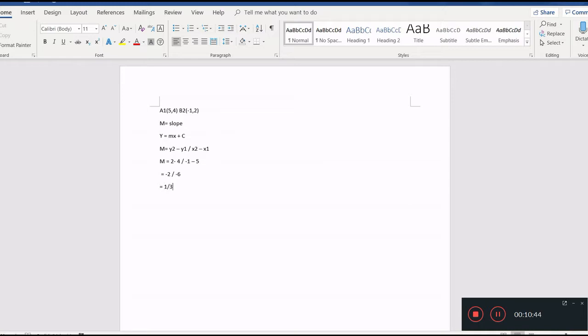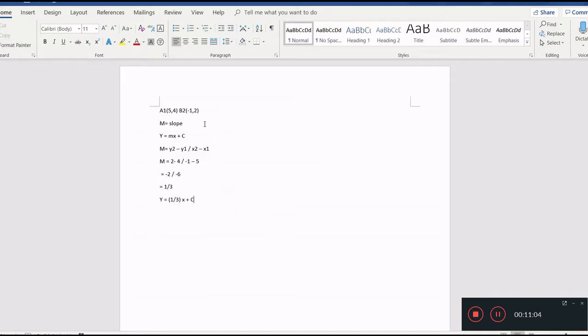Once you have found the m, you can insert 1 over 3 into the formula, x plus c. How can you find the c over here?